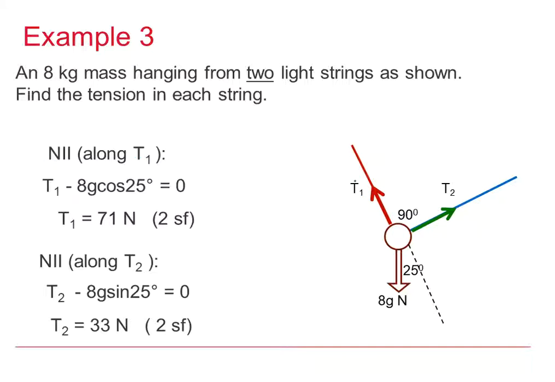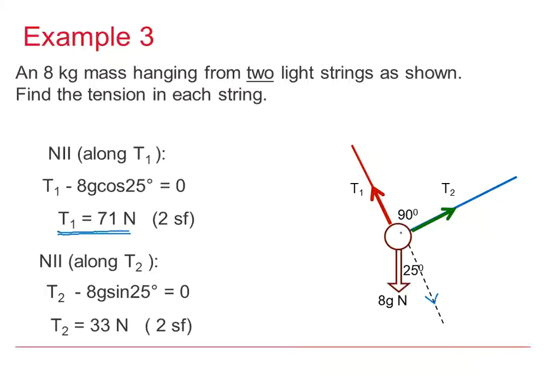So we'd have the whole of T1 acting in that direction, so there's T1, and if you look at the 8G, how much of 8G is acting along the dotted line? That would be 8G cos 25, and it's acting in the opposite direction. So we could have had T1 minus 8G cos 25 adding up to 0, and it gives me the quick, efficient way of finding T1.